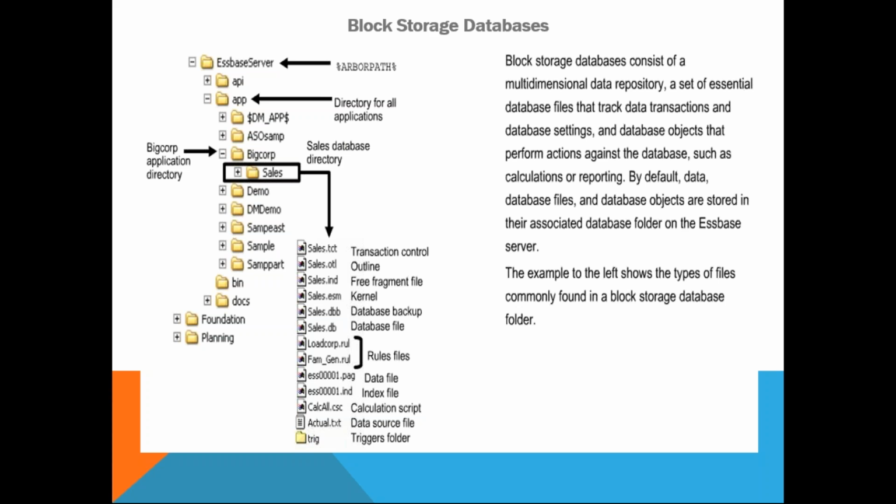Kernel file is already there, at the kernel level. And you will have rules files. All the rules files have to be saved with the extension RUL. You'll have a page file, which is generated automatically whenever data is loaded on the database.